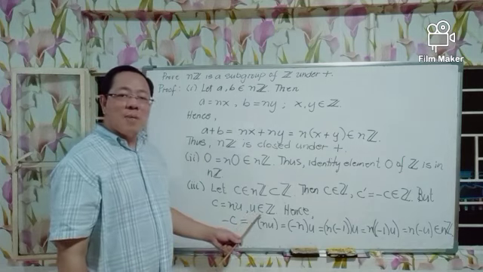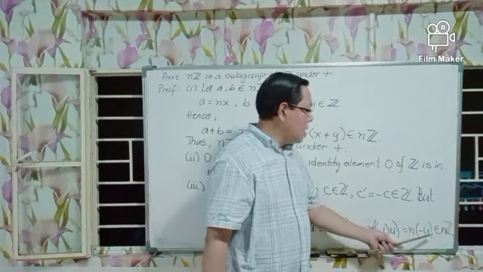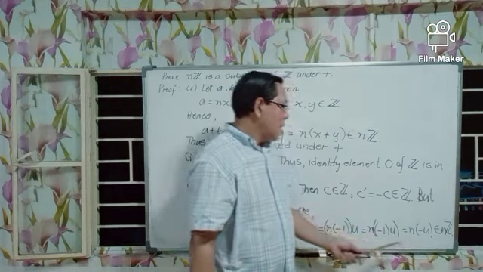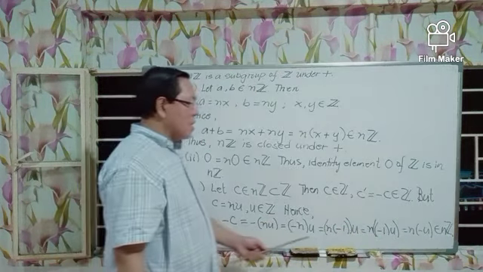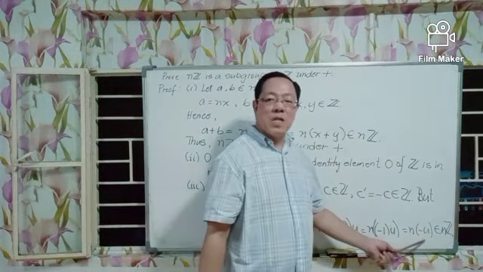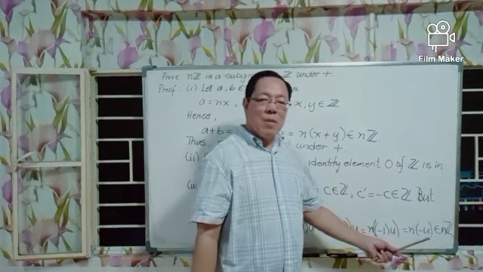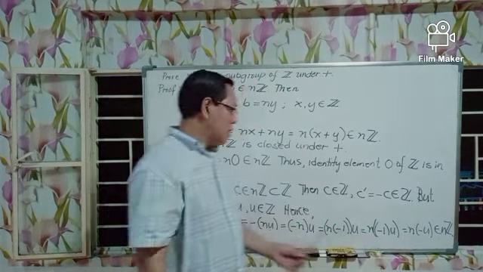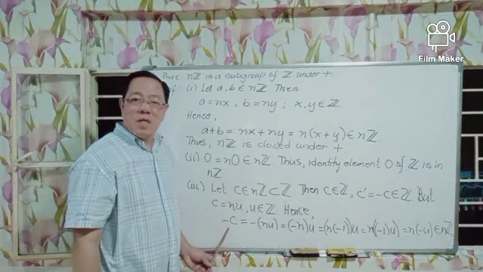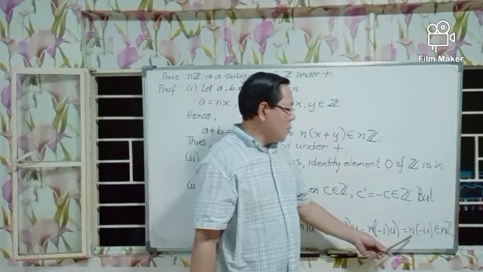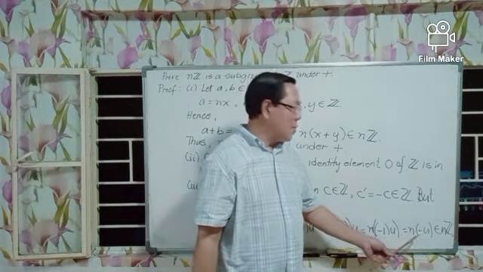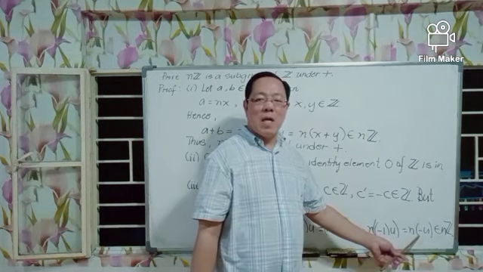So if u is an element of Z, minus u is an element of Z. And we have shown that minus c can be written as a multiple of the integer minus u, an element of Z. That is minus c, the inverse of c, c prime, is equal to the integer n multiplied by the integer minus u, an element of Z.